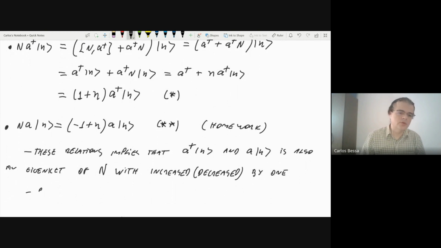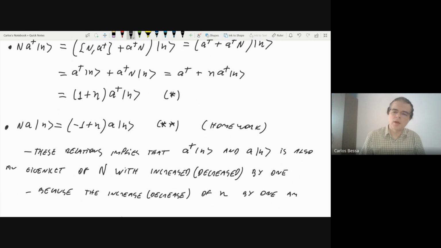So because the increase or decrease of n by 1 amounts to the creation, if it's increased, because it's plus 1 n.